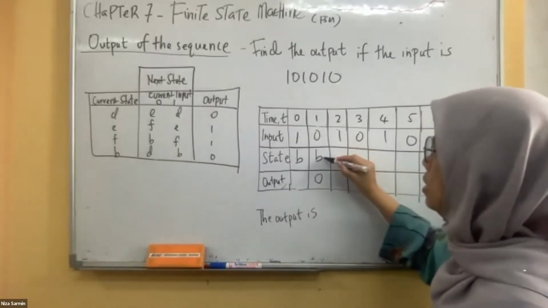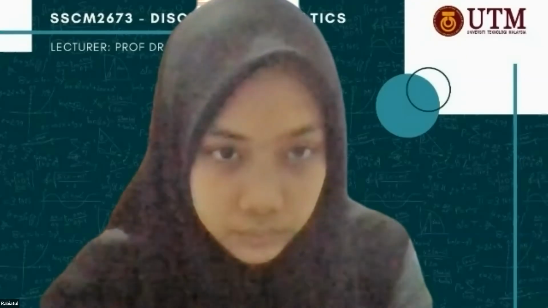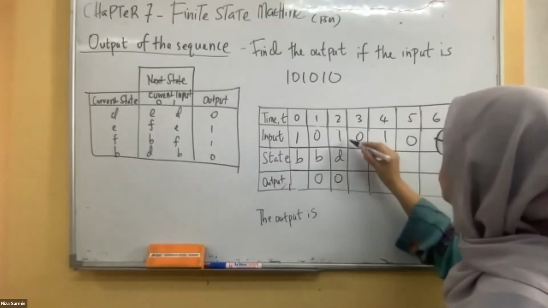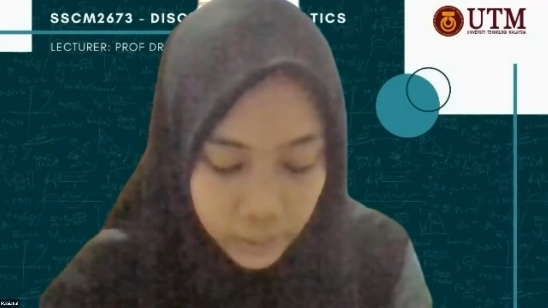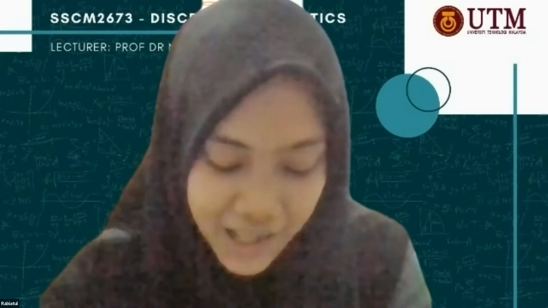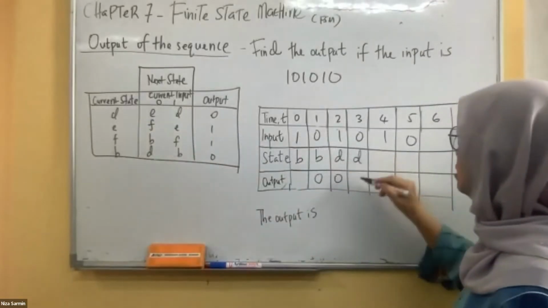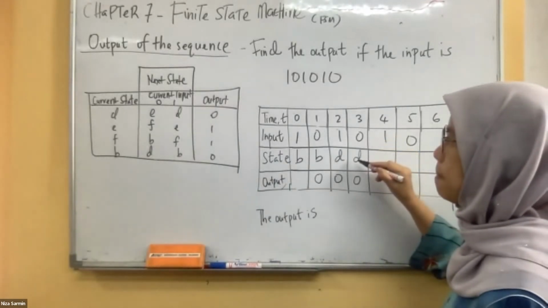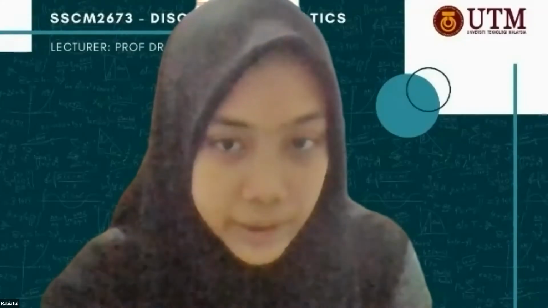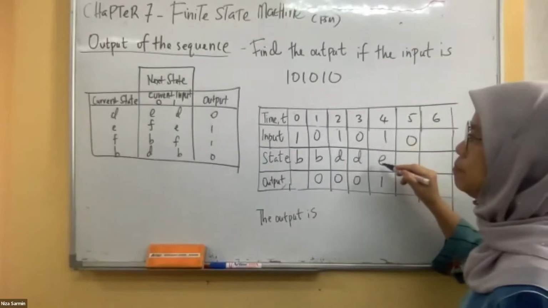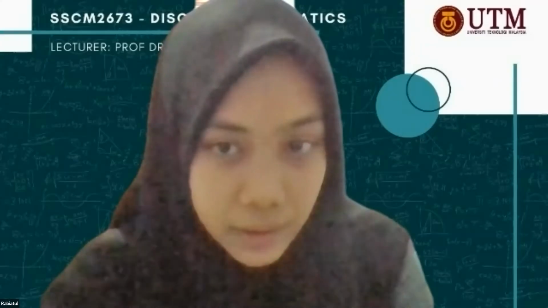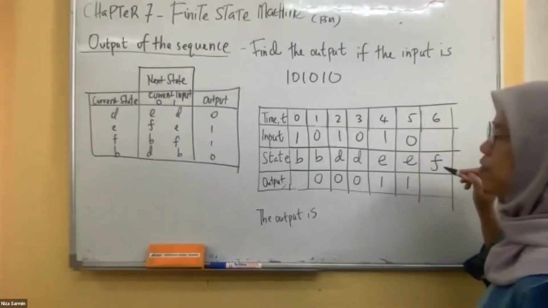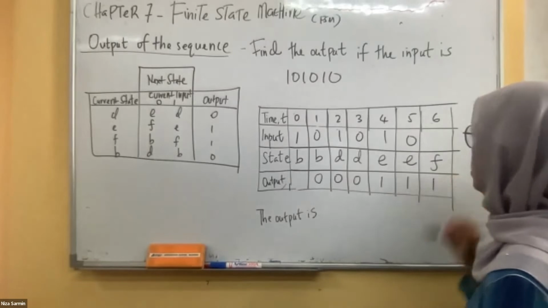Then 0B, D, output 0. 1D, D ya? 0. 0D, E, output 1. 1E, E, output 1. 0E, F, output 1.